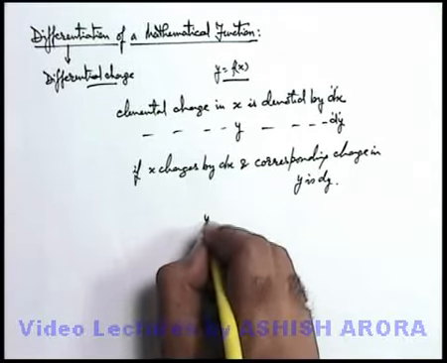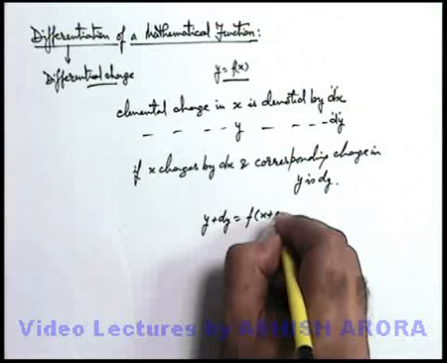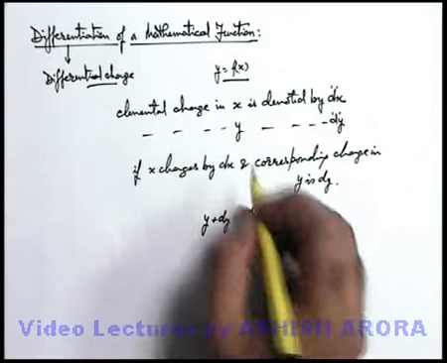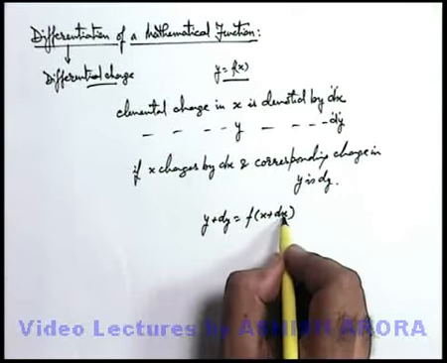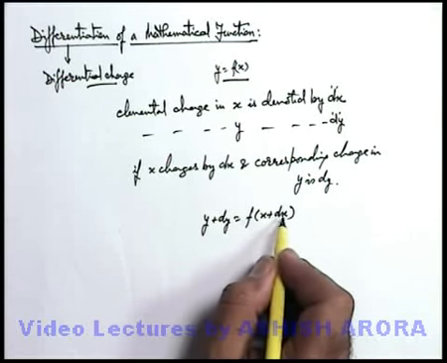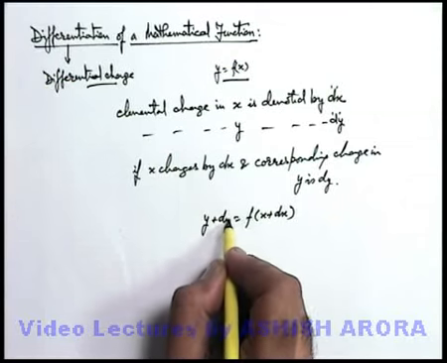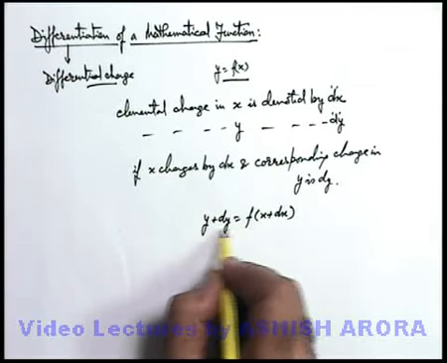This implies we can write y plus dy equals f of x plus dx. If we replace x by x plus dx, the value we get is y plus dy. On a change in x by dx, the corresponding change in y is dy.